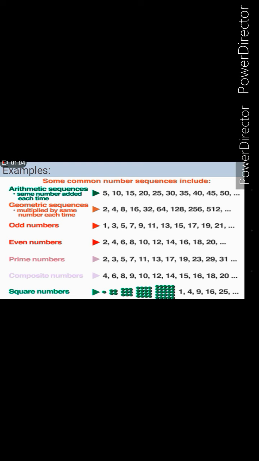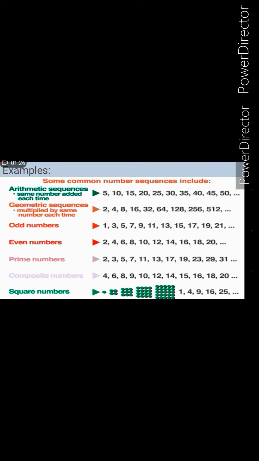Similarly, in the next sequence, 2, 4, 8, 16, 32, 64, every number is multiplied by 2. 2 twos are 4, 4 twos are 8, 8 twos are 16. Similarly, by following this pattern, by multiplying each number with 2, you can get the next number.